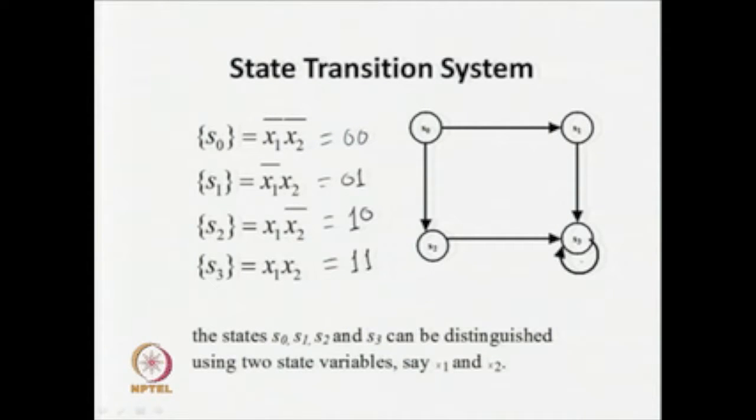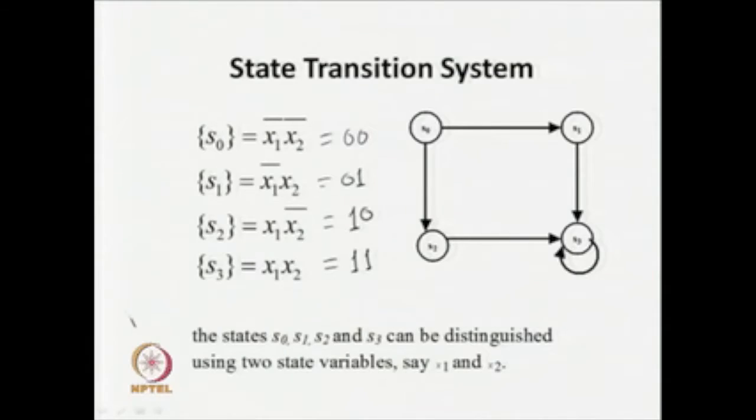And already I have mentioned that in general, if I have n different states, then we need log n to the base 2 number of variables, the ceiling of that. That is the minimum number of variables that we need to represent the different states uniquely.